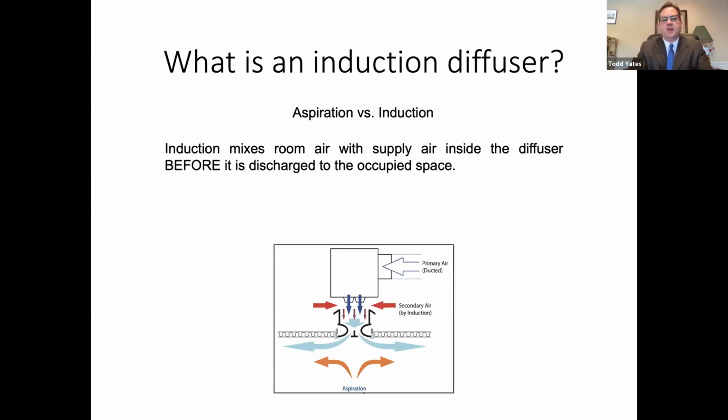So you can see in this graphic below, the primary air coming from the air handler is ducted into the diffuser. It works through these nozzles down into the infuser itself, and that draws in the secondary air. That air is then mixed and ejected into the room, at which point it's mixed with more room air through the normal aspiration process.